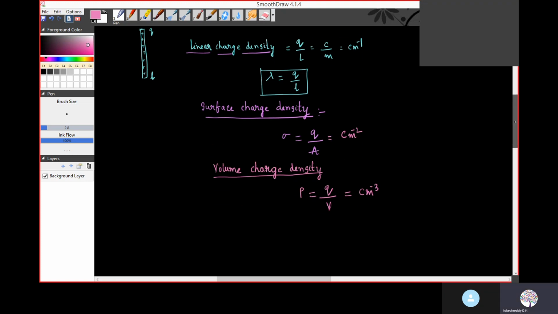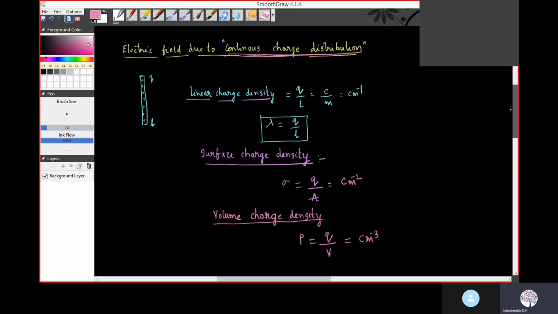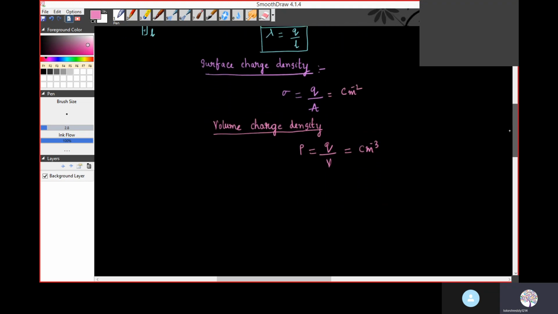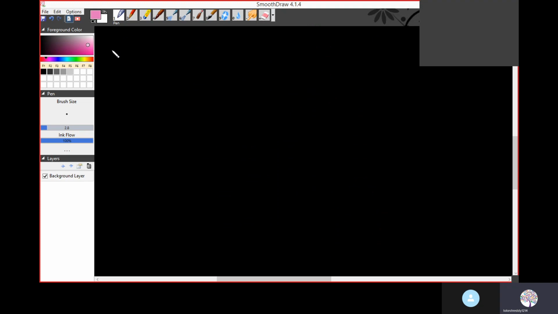If you take a line of charge, surface charge density and volume charge density, now I will write the electric field due to a line charge. Later I'll prove this one with Gauss law because that will be easier. As of now, I'll just write the formula for this.